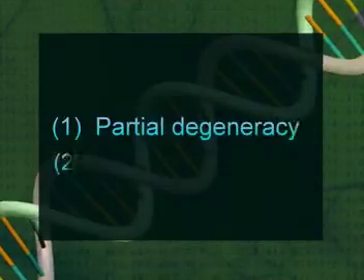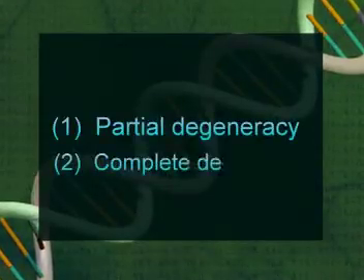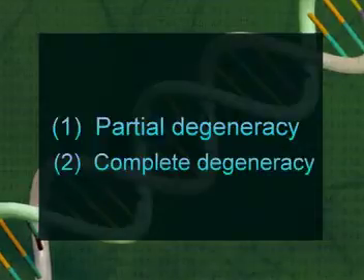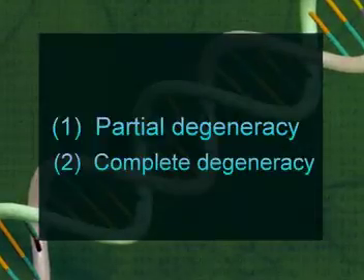Number one, partial degeneracy, and number two, complete degeneracy. Now, what is partial degeneracy and complete degeneracy? Partial degeneracy occurs when the first two nucleotides are identical, but the third or 3' base of the codon differs.